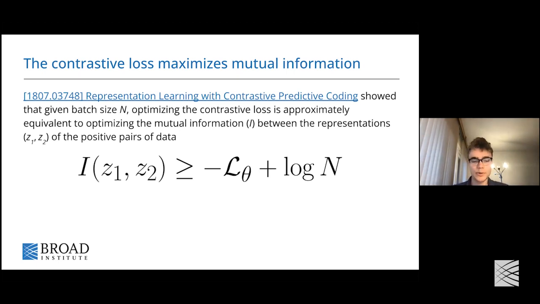So I think the most important takeaway here is that the neural network is doing some optimization of the shared information between the positive pairs of data, and that increasing the batch size is really important for the particular loss function we used. And that kind of makes sense because as there are more and more distraction ECGs, it's harder and harder to make the right choice. So if you can make the right choice, it means that there's a lot of shared information between the ECGs.